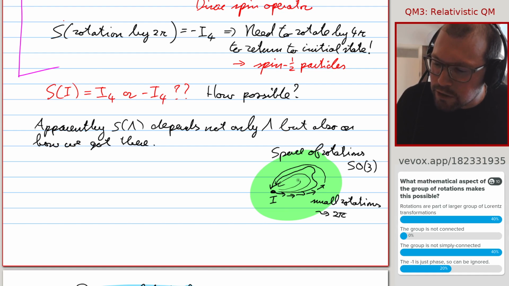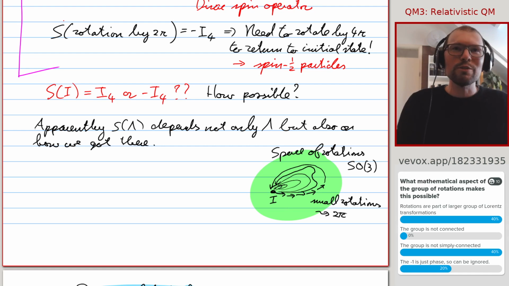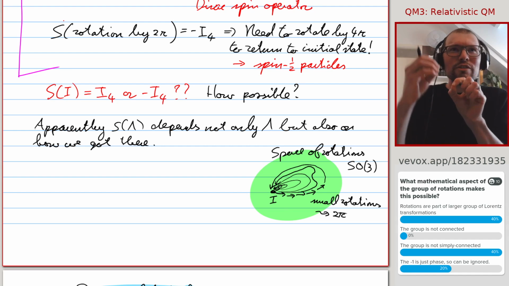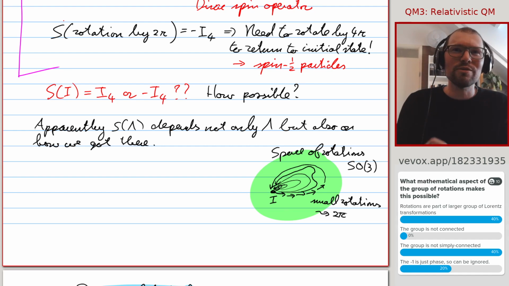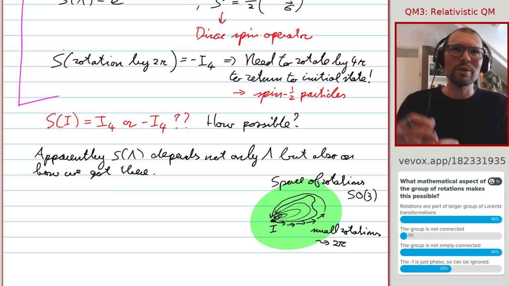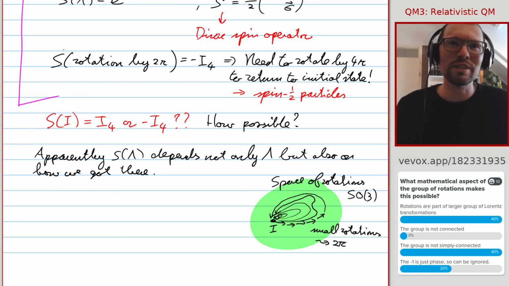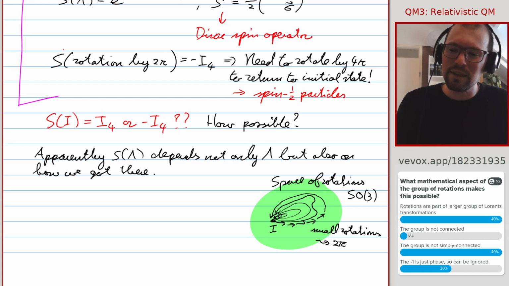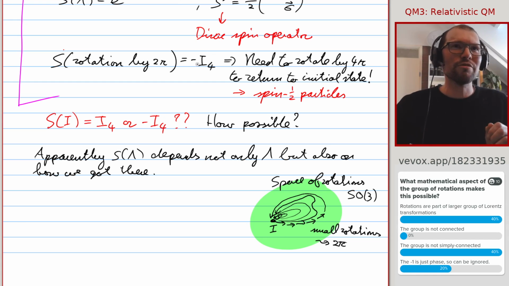Now, if it were possible to deform this path to only doing a very small rotation and then a very small rotation back, meaning that I continuously deform my trajectory in three-dimensional space to doing no rotation at all and ending up at the identity, then I can never have that this minus sign persists, right? Because if I really do not rotate anything, then my spinor should also not change.